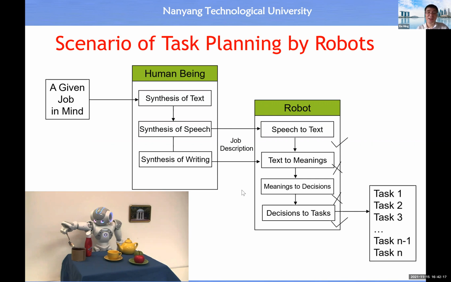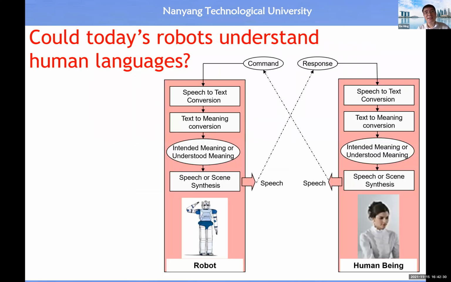So we must rely on the assistance from a human being in undertaking task planning. However, we must do research in order to make a breakthrough in this area, so that in future, robots will be able to understand human language.